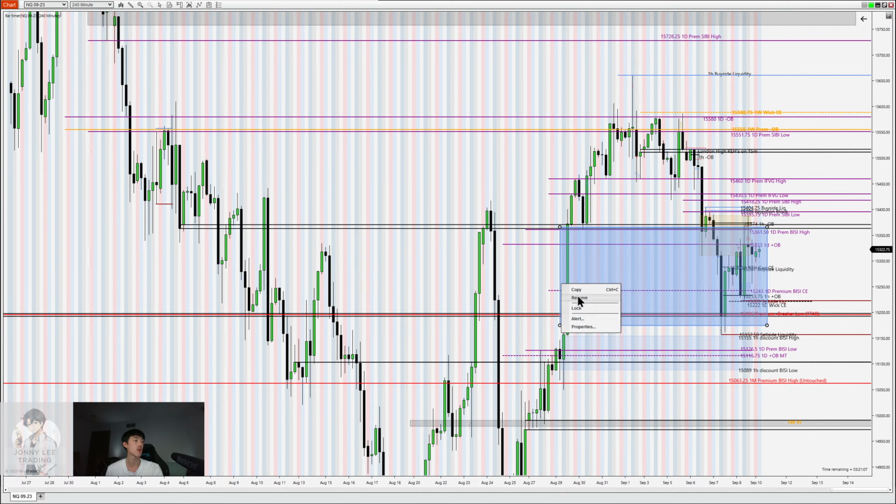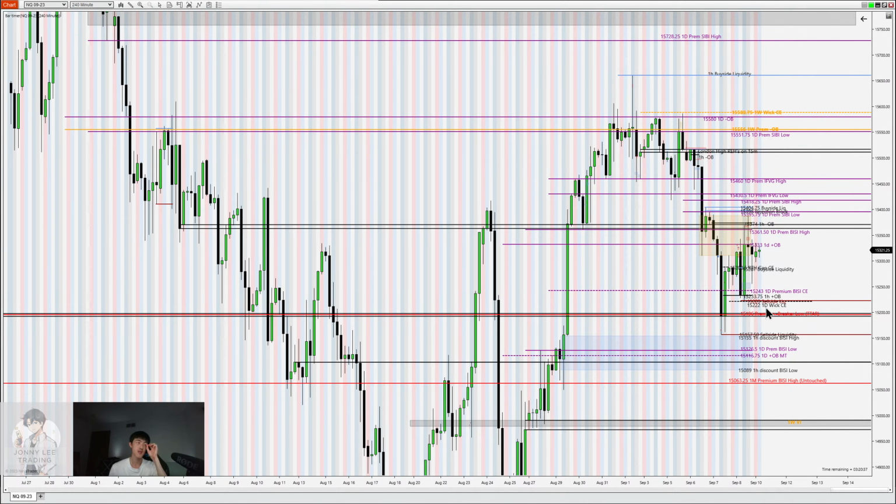That's a 4 hour area that has bounced, and right now price is still wondering if it's going to respect this bearish breaker here. So a bearish breaker is where you have price go down, go up, make a lower low, go back up to this breaker here, which is on a lower time frame, and reject.